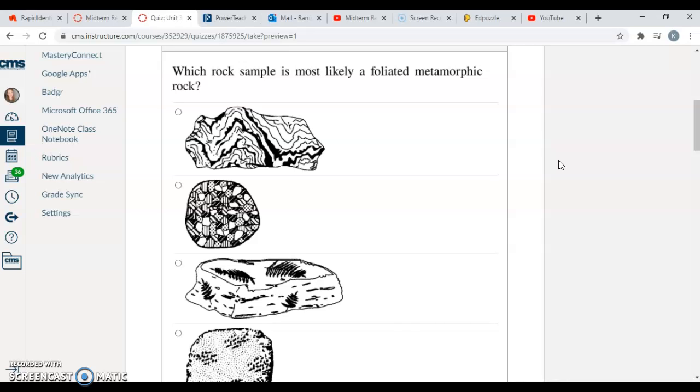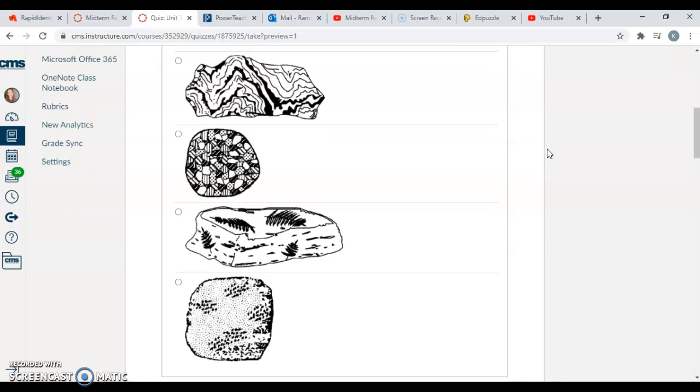Just like a caterpillar undergoes a metamorphosis into a butterfly, a metamorphic rock comes from either a sedimentary or an igneous rock. Now, foliated means that it's going to have wavy, distinct patterns within it. Okay, so we're looking for some wavy patterns. So go ahead and pause and choose your correct answer.